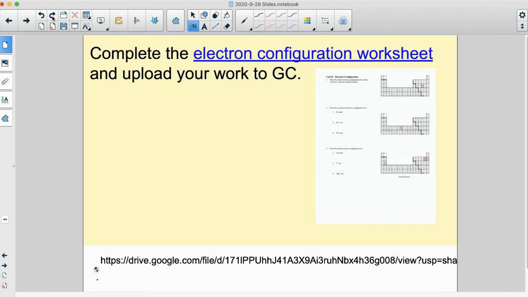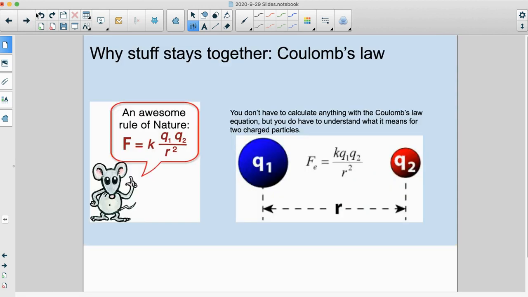All right, so there's this worksheet. We just did that together. Okay, now the basic rule of nature that governs why things stick together, why stuff just attracts each other, is Coulomb's law. Coulomb's law is this equation here, but you do not need to know Coulomb's law, okay?